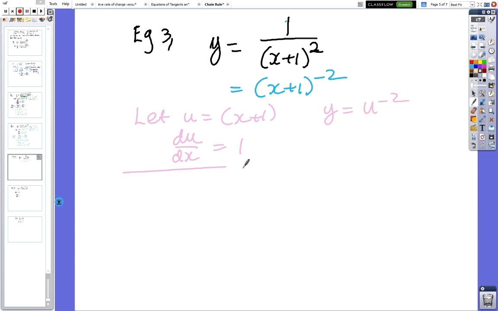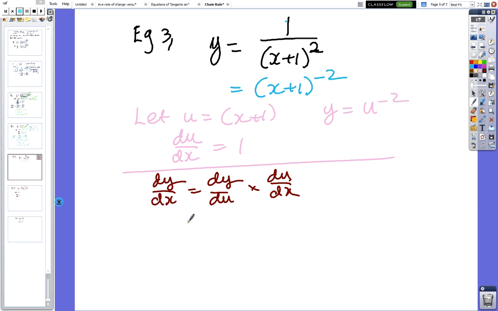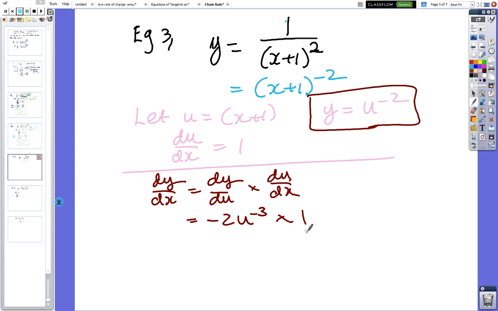Again, we're just going to do the same steps. dy dx equals dy du times du dx. So dy du is minus 2u, and subtract 1 gives you minus 3. du dx is just 1. So minus 2 times 1 is minus 2 over u cubed. And then that just becomes minus 2 over x plus 1 cubed. Okay, copy and come across when you're ready.